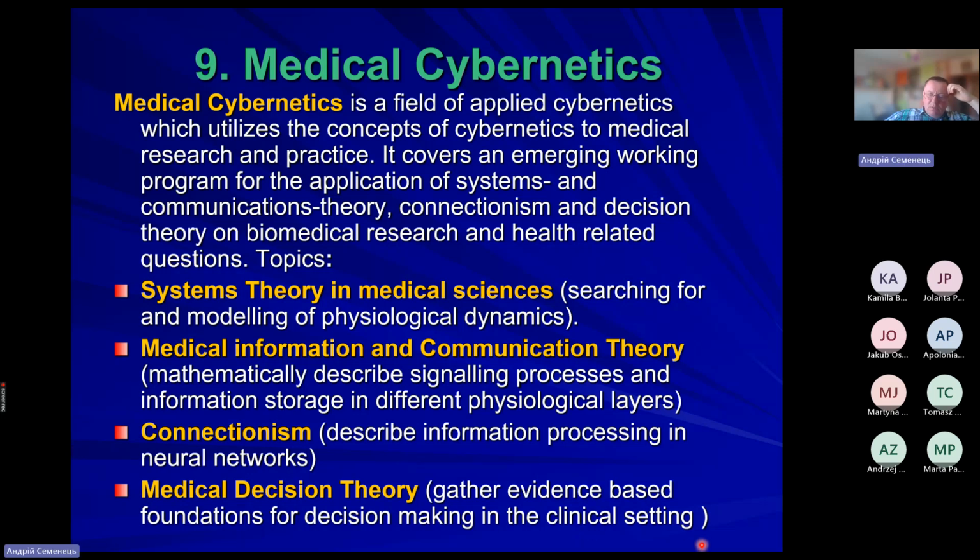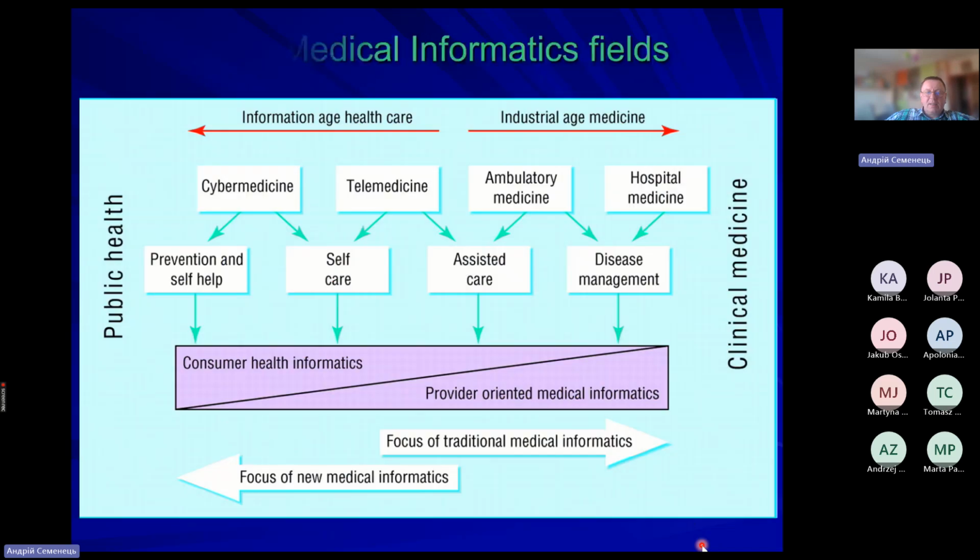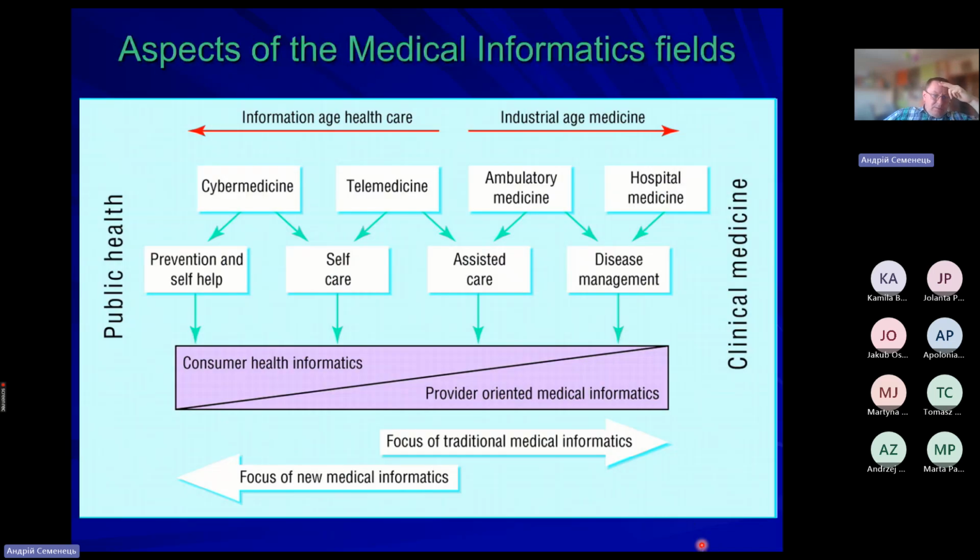Okay, and medical decision theory, where we gather an evidence-based foundation for decision making in clinical settings. Now, with aspects of medical informatics, here we have to make a point about the distinction between the so-called traditional and new medical informatics. The new medical informatics, of the information age, places emphasis on cybermedicine, telemedicine, prevention, prophylactics, self-care, and so on.